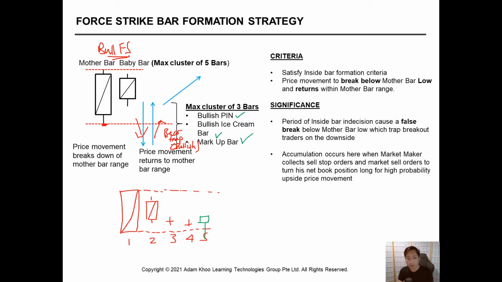So a common question students ask is, why is it 5 bars, and what if the bullish EXE appears on the 6th bar or the 7th bar? The thing is, guys, I need to set a standard guideline for the price strategy formation. If not, students may go up to 10 or 20 bars.